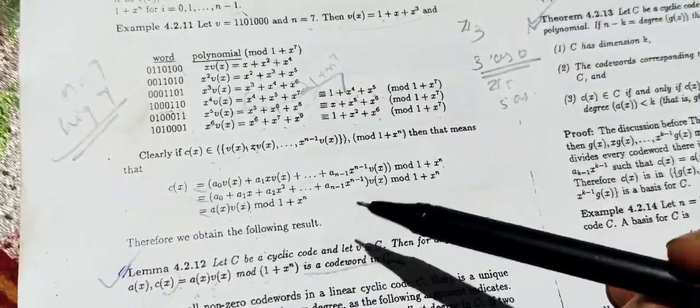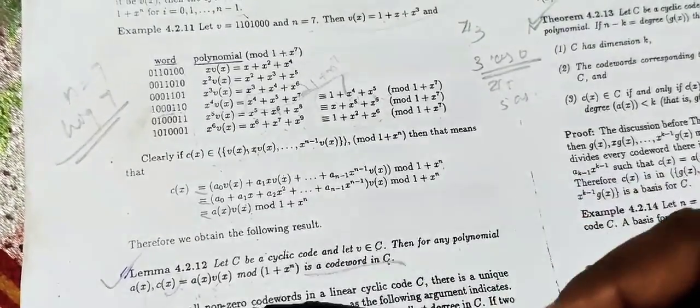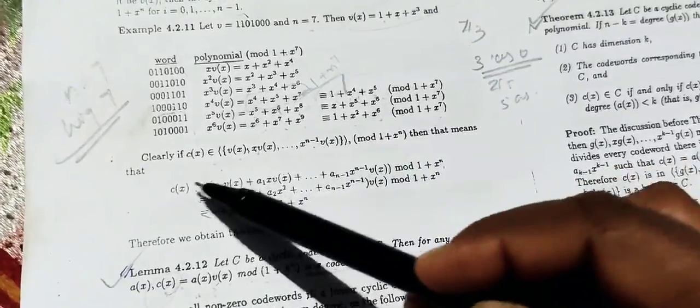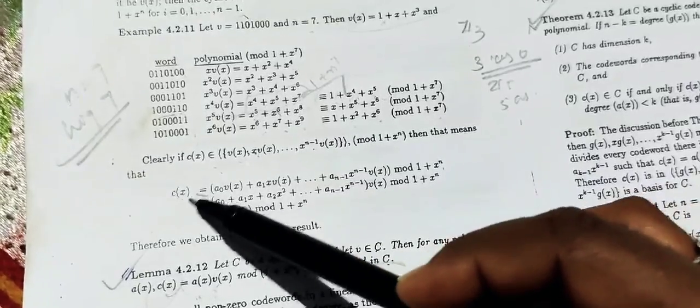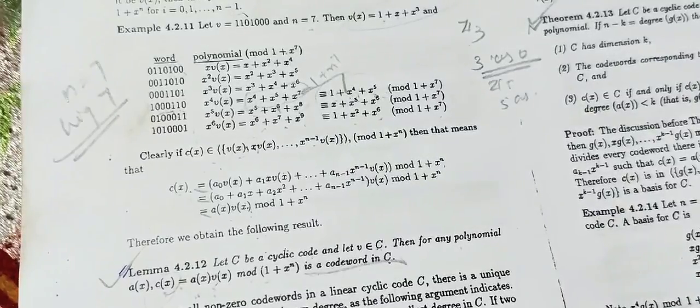For any polynomial c(x) belonging to this set, c(x) is equal to a(x) v(x). So this c(x) is also a code word in C. So that is the lemma.